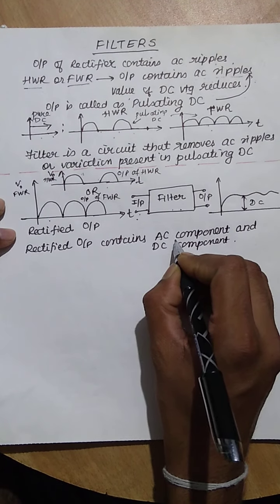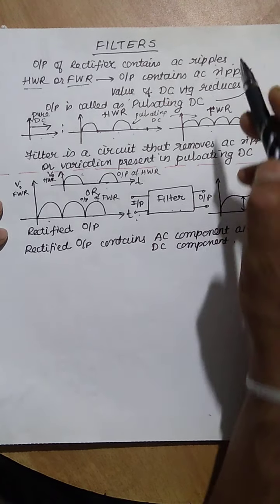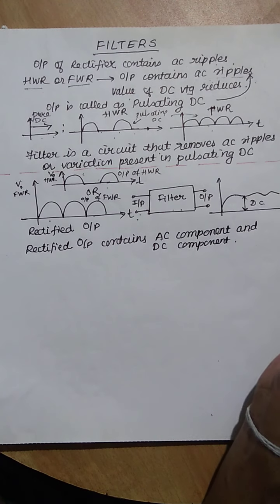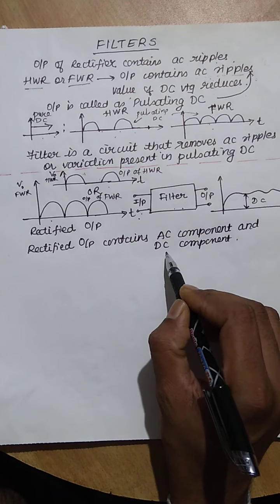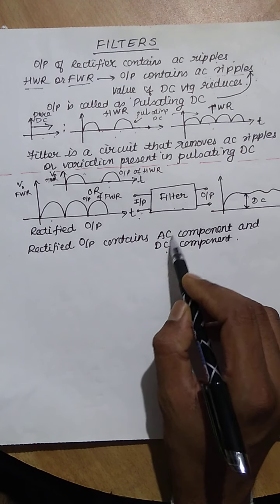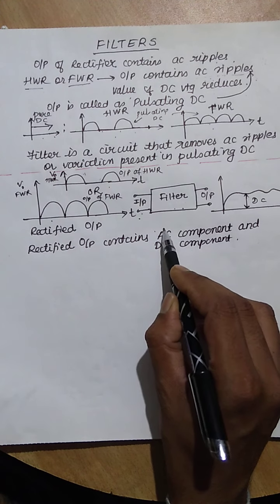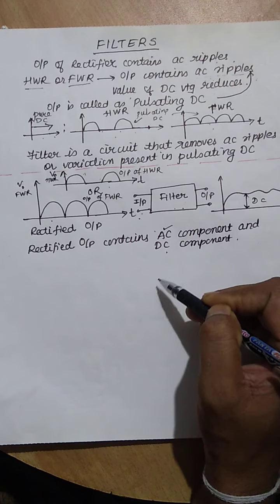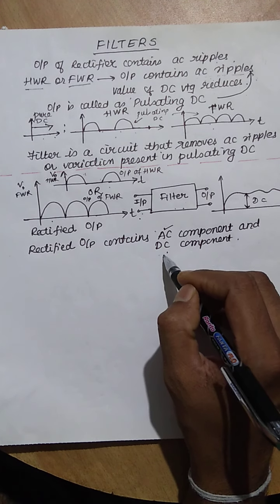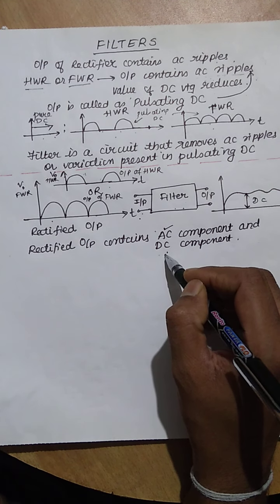So this AC component is called as AC ripples or AC variations, and of course our required DC voltage. So aim is to remove this AC component. We have to remove this AC component so that we'll obtain a pure DC component.